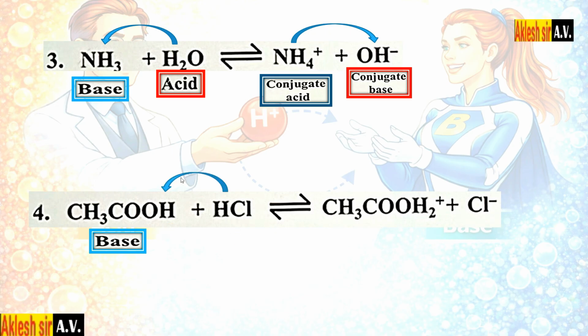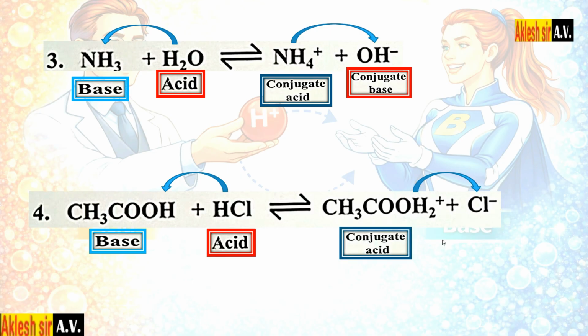Because HCl is donating the proton to acetic acid, therefore HCl is an acid. In the reverse reaction, CH3COOH2 plus will donate the proton to Cl minus, therefore CH3COOH2 plus is acting like a conjugate acid and Cl minus is acting like a conjugate base because it is accepting the proton.